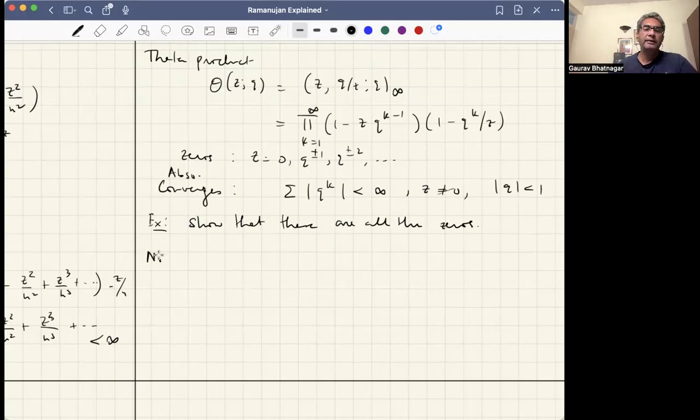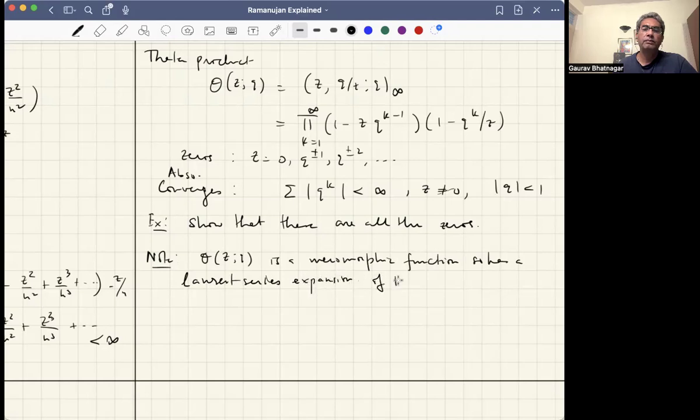So we note that theta of zq is a meromorphic function. At z equal to 0 it's not defined, but otherwise it is analytic, so it has a Laurent series expansion.